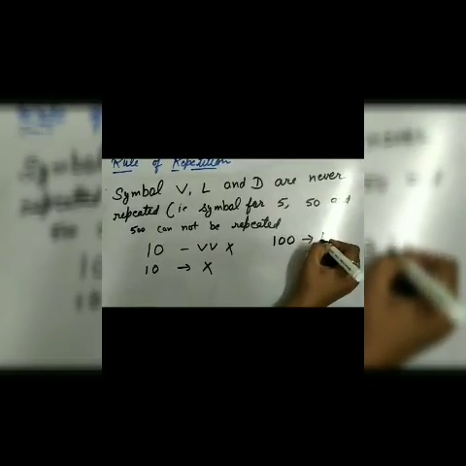This is wrong. But we can write it as X because the number 10 has its own symbol X. Same for 100. We can't write 100 as LL by repeating L. It is wrong. We can write it as just C.